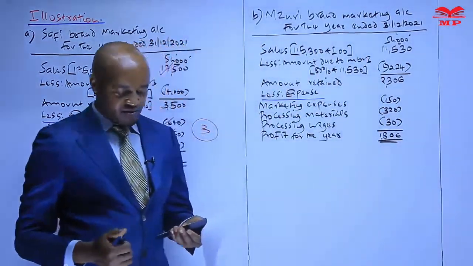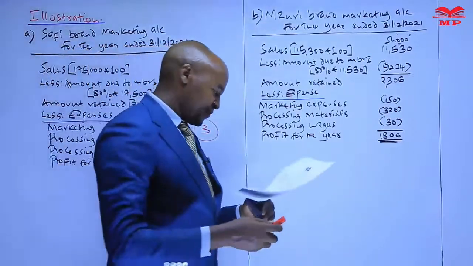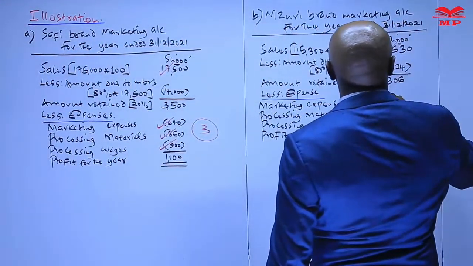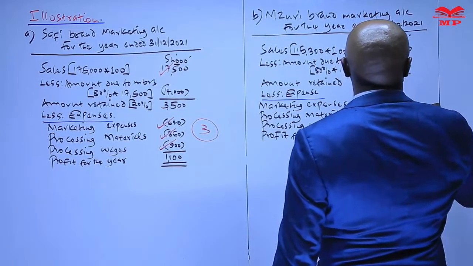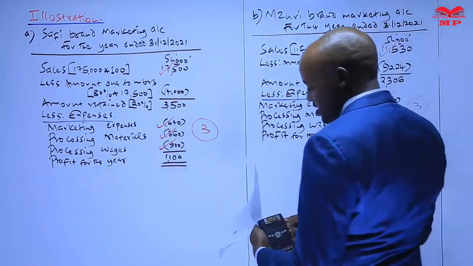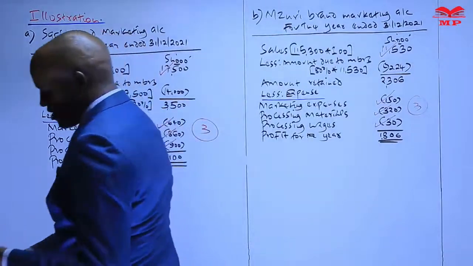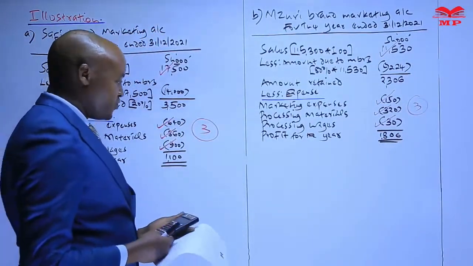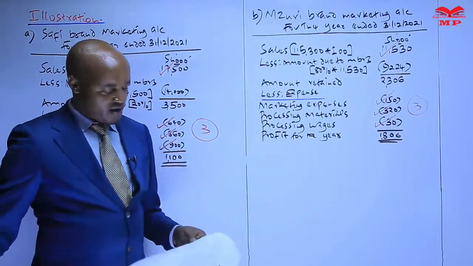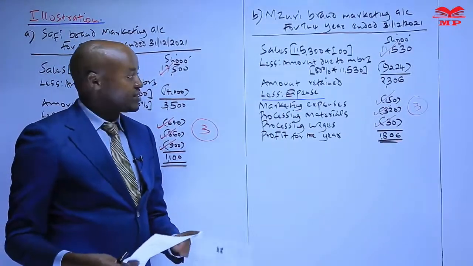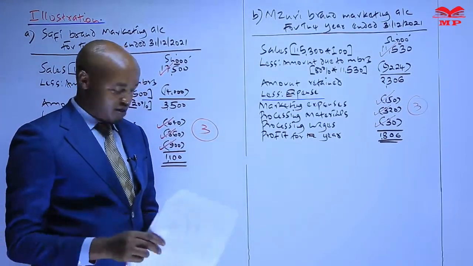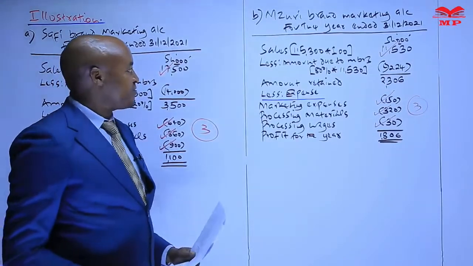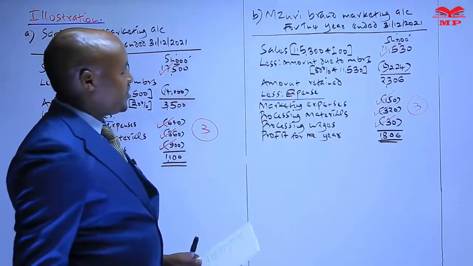Equally, that is what was required as far as part B of that question was concerned. These are some of the items which were marked as far as that part is concerned. And by doing that, you get now your 3 marks. So let's move to the other part of that particular question, that is part C. But even before we do that, there is something we need to note here, which is very, very important.